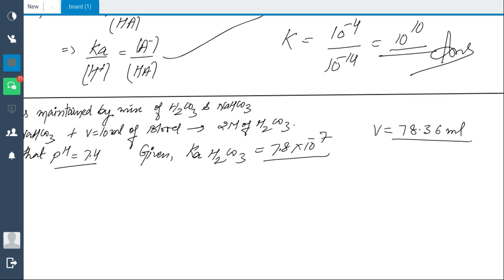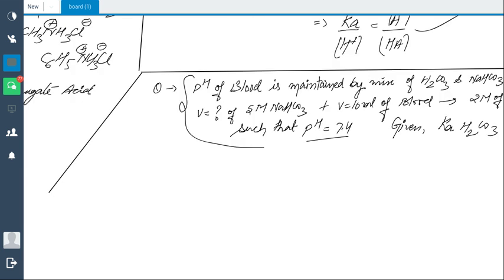See, dear friends, it is not about too much of critical thinking. You just need to decipher what is the question giving to you. See, we know it very well that pH is equal to, okay, we know this part. Now pH is given to be how much?